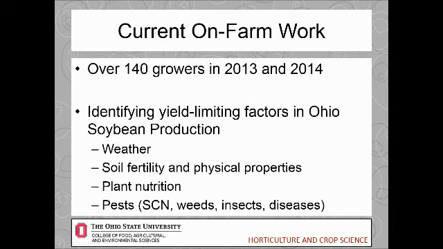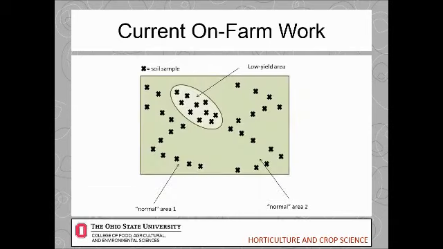We're also getting a survey of management practices that gives us a good idea of what farmers are doing as well. So this gives you a picture of the sampling regions that we chose for the fields. Each field, we take a sample for 2 normal yielding areas and 1 low yielding area to pinpoint where the problems are and what could maybe be causing problems.